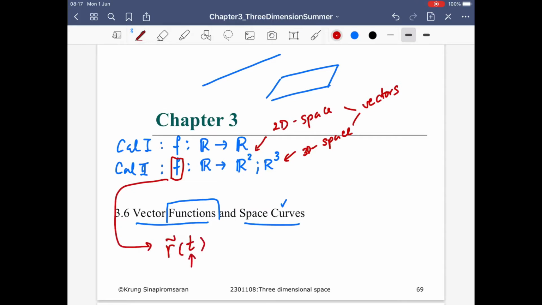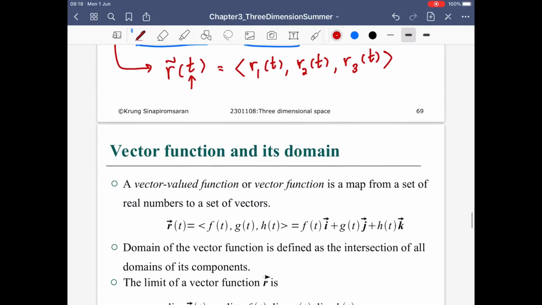So the domain contains only a single variable t, but the output, or the range, consists of at most 3 components, depending on whether you are in 2-dimensional or 3-dimensional space. So let's go ahead and study what we have.